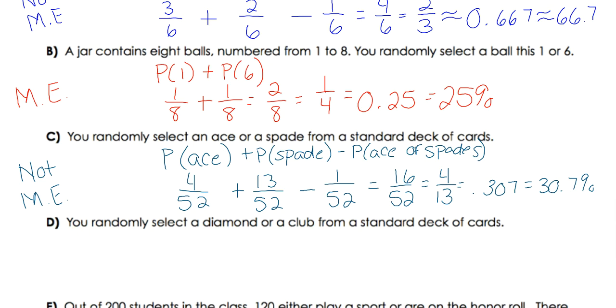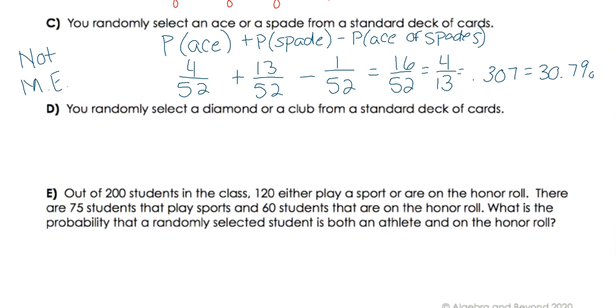Okay, so for our next one, you randomly select a diamond or a club from a standard deck of cards. So thinking about a deck of cards, can I pull one card and it be both a diamond and a club? And in this case, we cannot. So those would be mutually exclusive events, which means I'm going to find the probability of just a diamond.